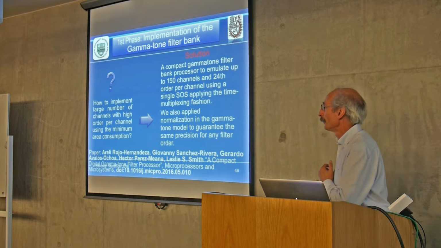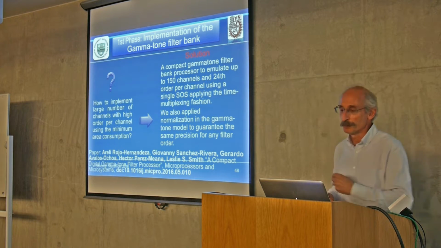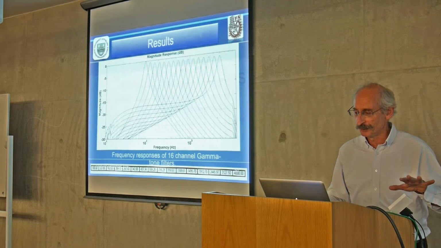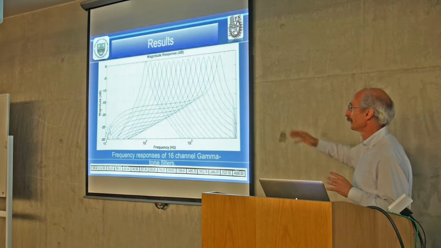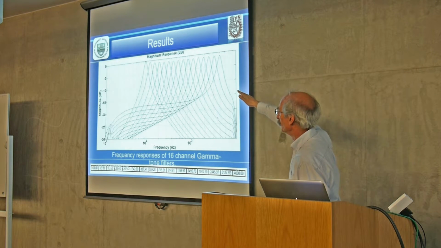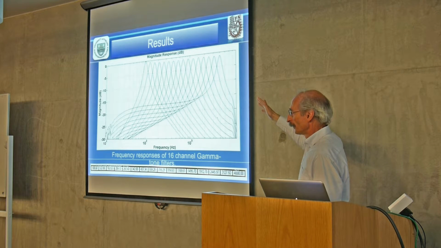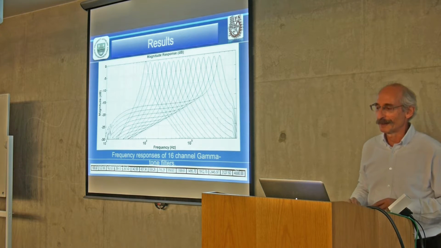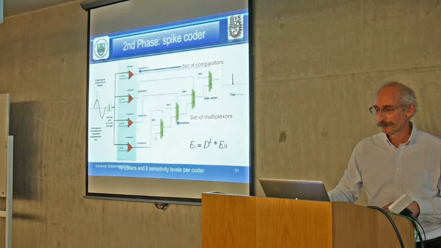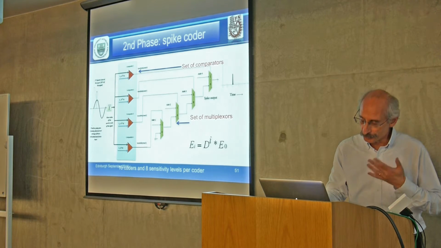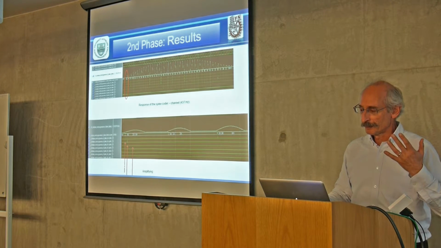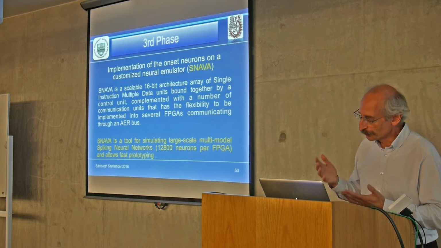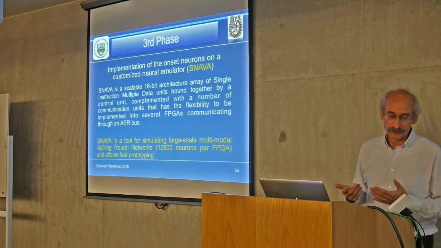And they're working up to 150 channels trying to make this work in real time. I don't want to go into the details of that. But the results are quite nice. They have some quite nice filter bank output here. It's not an adaptive filter bank, it's just a straightforward filter bank modeling a gammatone type filter. And we've got some spike coding in there as well, so that's working. And we're trying to produce these onset-based implementations as well.